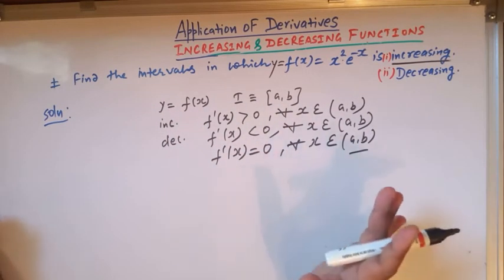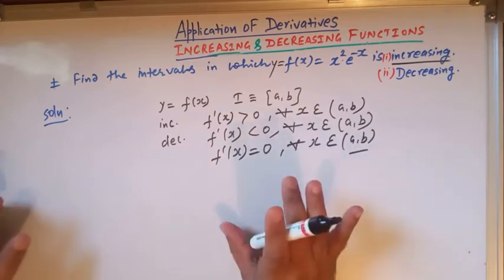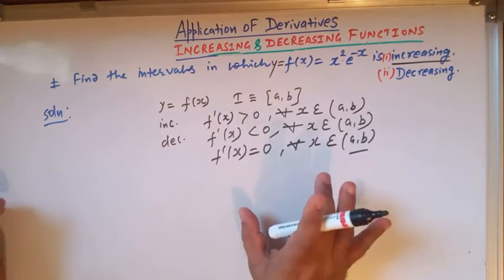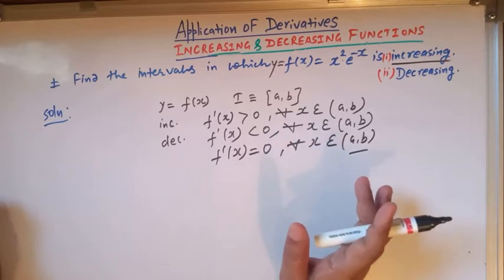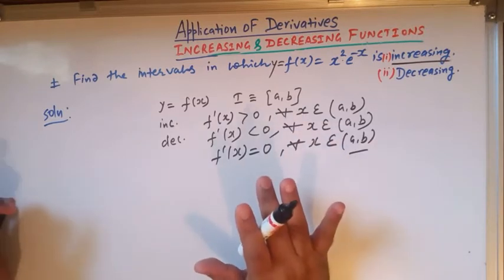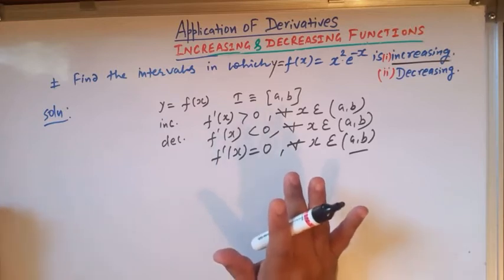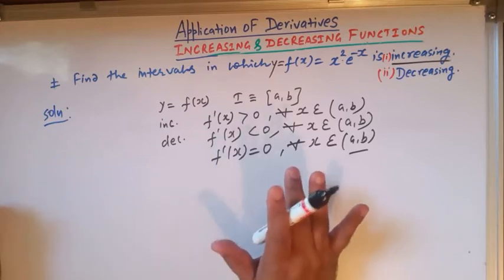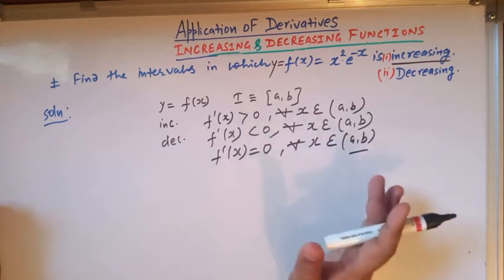Now let us apply this concept in solving some problems. We have also solved some problems in our previous lecture. Now let us continue the same in this lecture also.